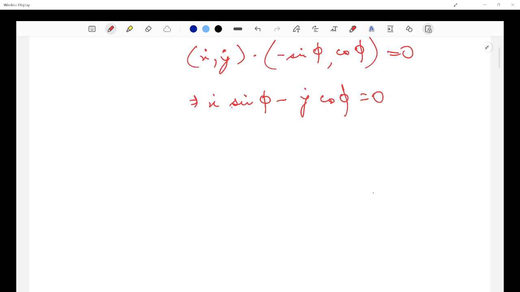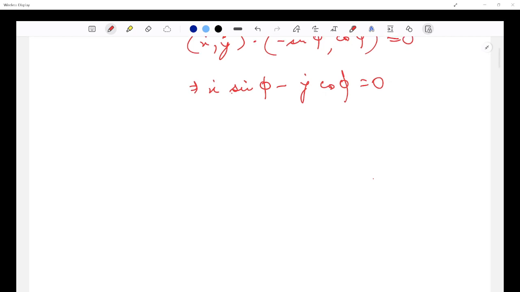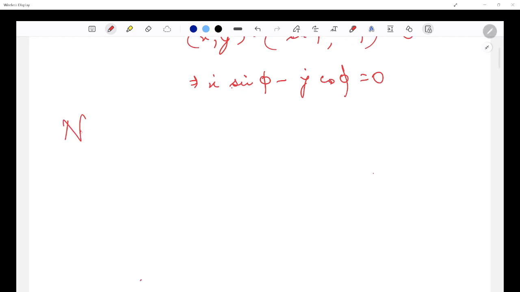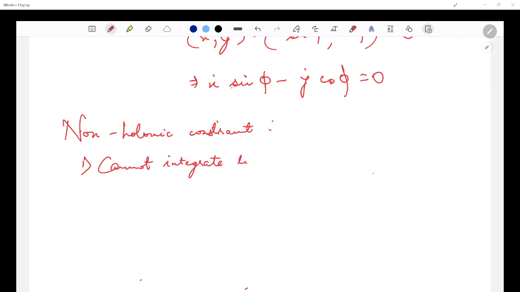So if there is a non-holonomic constraint, that means we cannot integrate to get a position constraint.